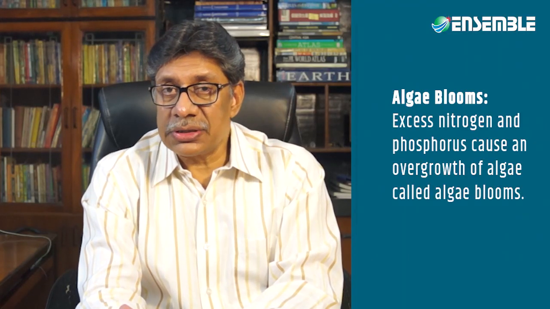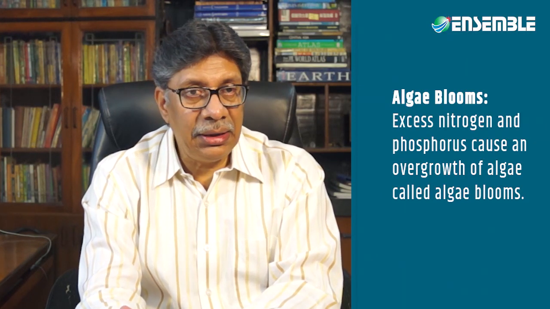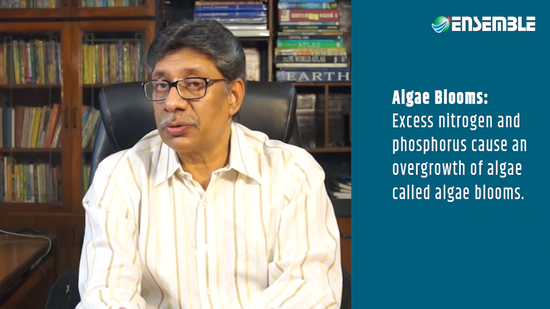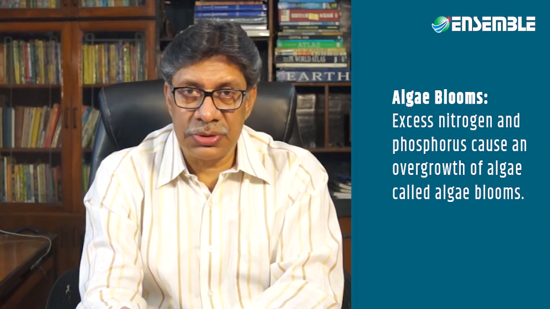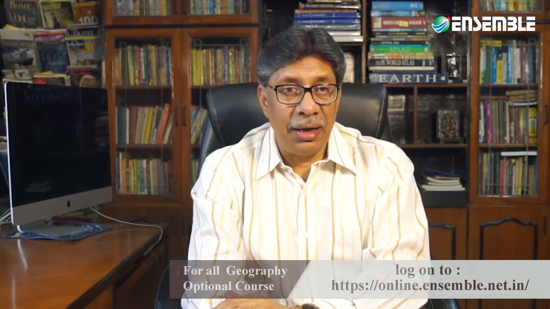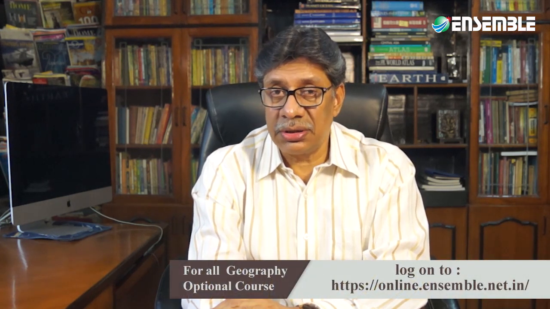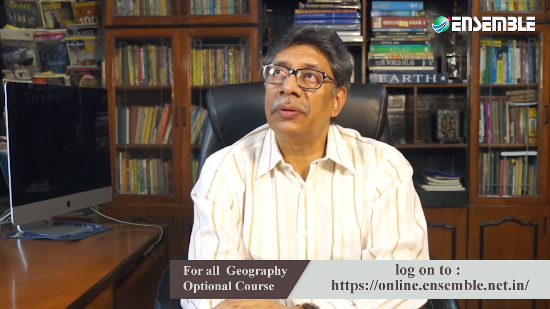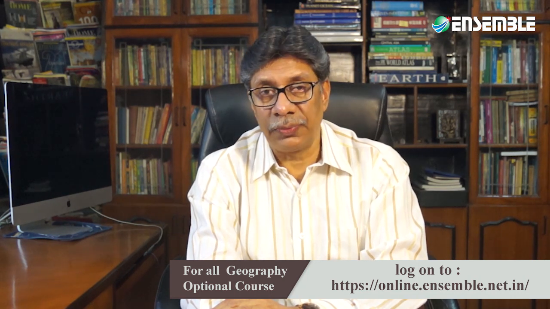Dead zones result from these impacts, which include algal blooms and hypoxia. Excess nitrogen and phosphorus cause an overgrowth of algae in a short period of time, and that is called algal bloom. When some types of algal blooms are large and produce chemicals or toxins, the event is called a harmful algal bloom.